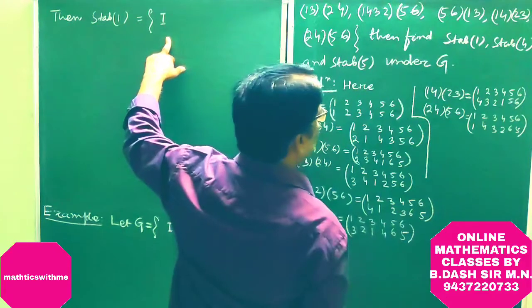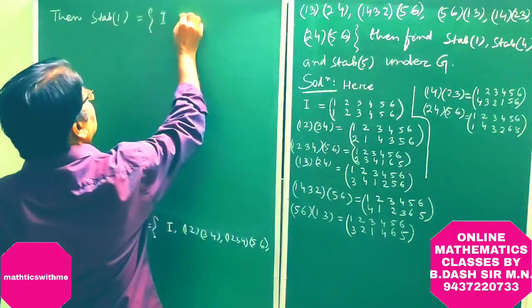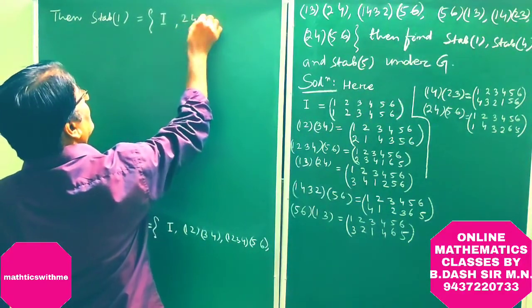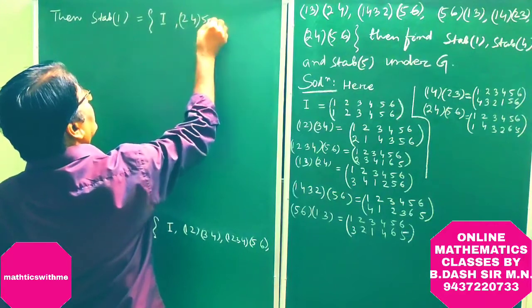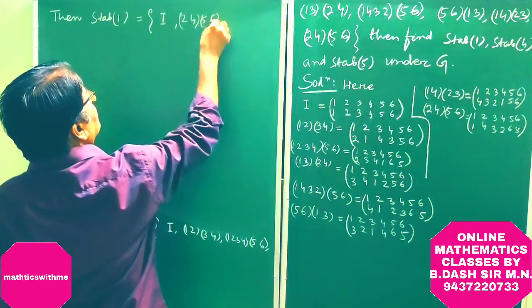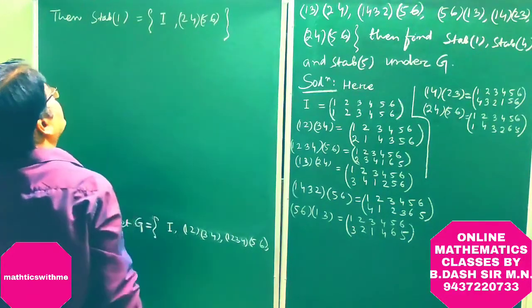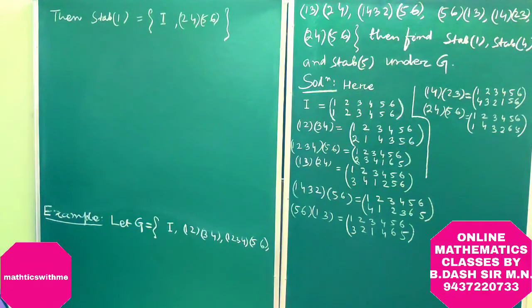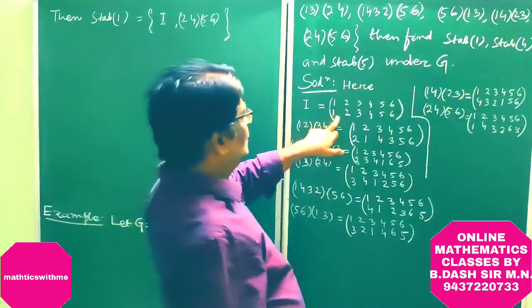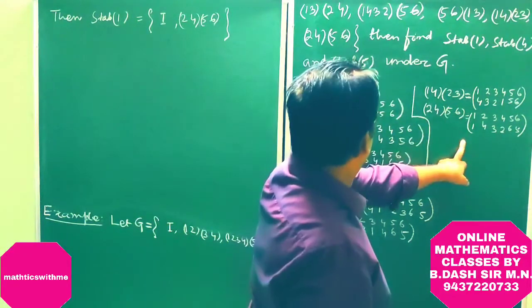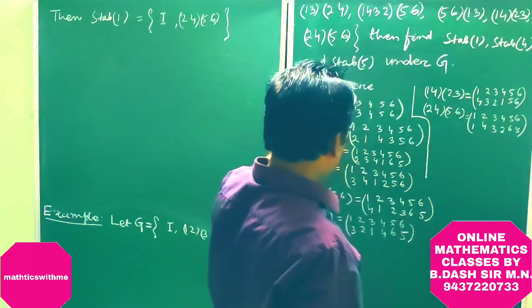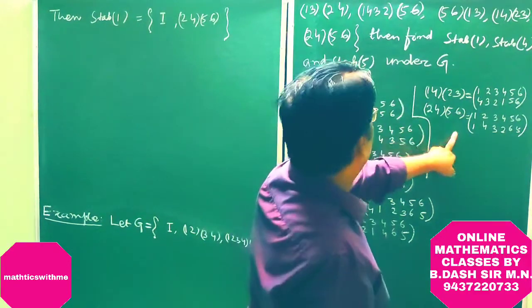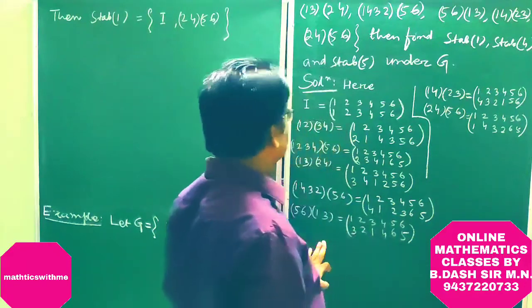Then (2 4)(5 6). So stabilizer 1 is I, (2 4)(5 6), because here 1 goes to 1 and 1 goes to 1. That means 1 is related to 1 itself.